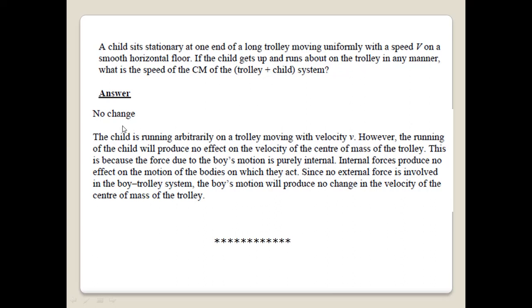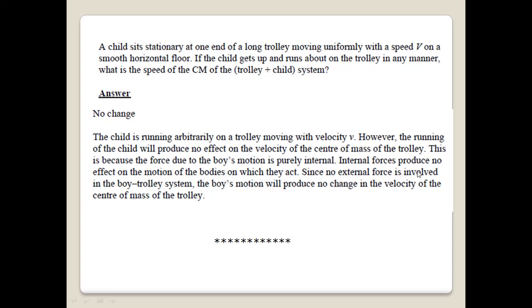Now, let us see why it is not changing. The child is running arbitrarily on a trolley moving with velocity v. However, the running of the child will produce no effect on the velocity of the center of mass of the trolley. This is because the force due to the boy's motion is purely internal.